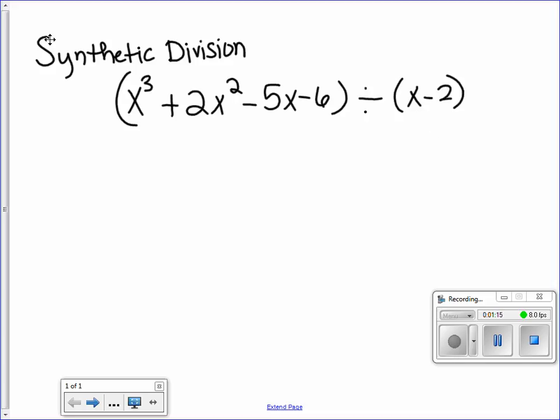Okay. So if I need to rewrite this for synthetic division, positive 2 goes in that little L thing, okay?